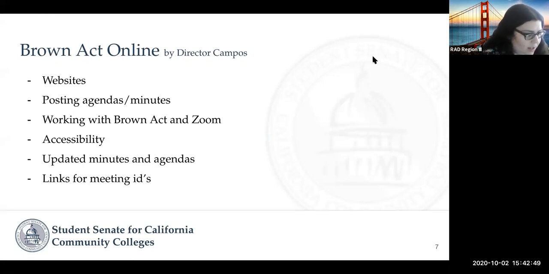Next point, with Brown Act and Zoom, you want to make sure the links that you post on your agenda are correct. Even if you send out a link a day later as a correction, you may not be able to hold your meeting.